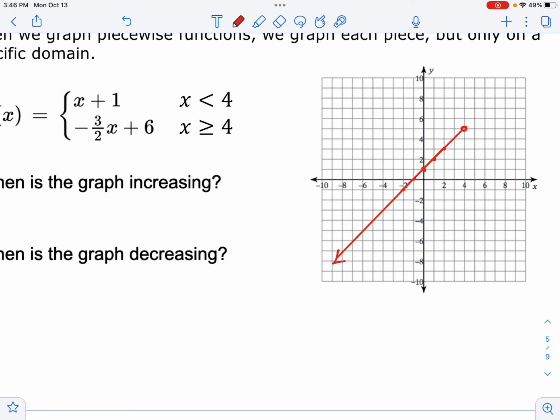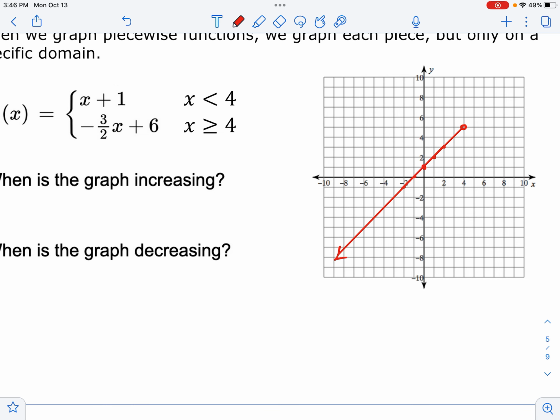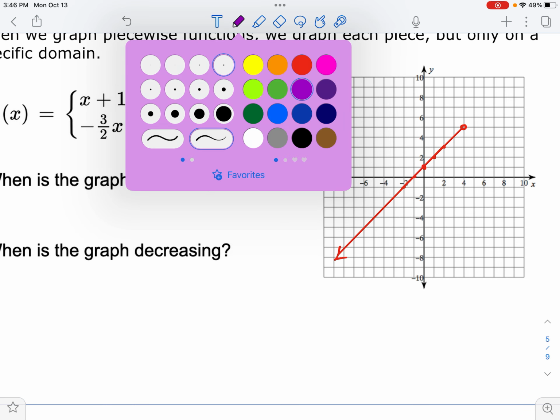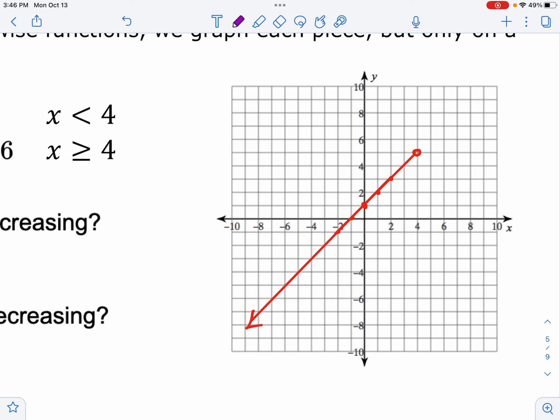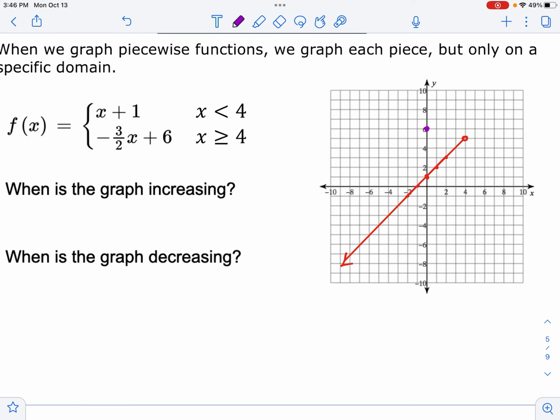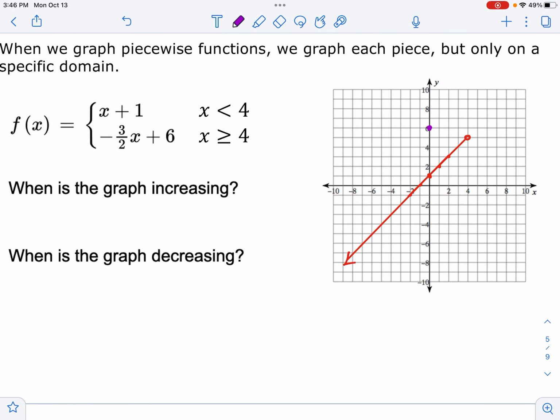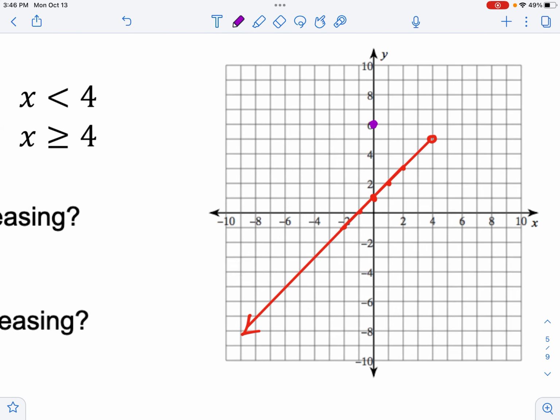All right, now the other part, now I can graph the other part. I'll do that in a different color. Let's do it in purple. Okay, so my y-intercept is 6. Okay, the slope is -3/2, so down 3 and over 2.